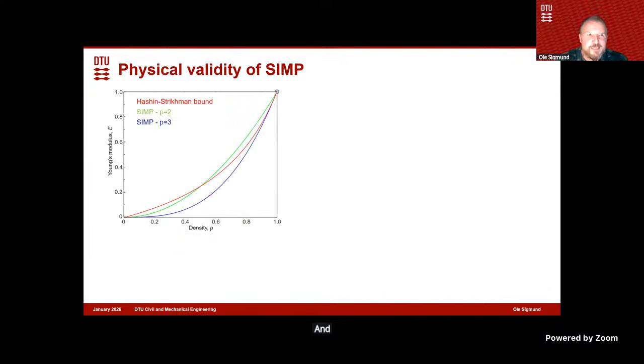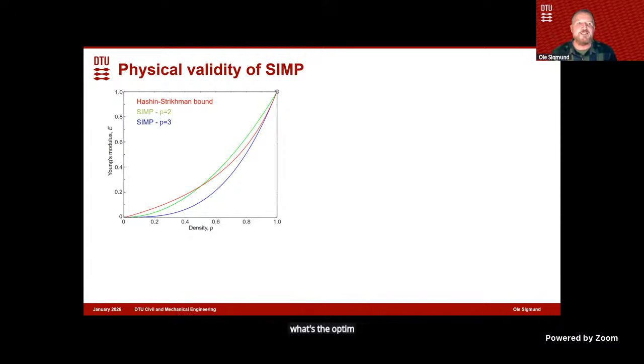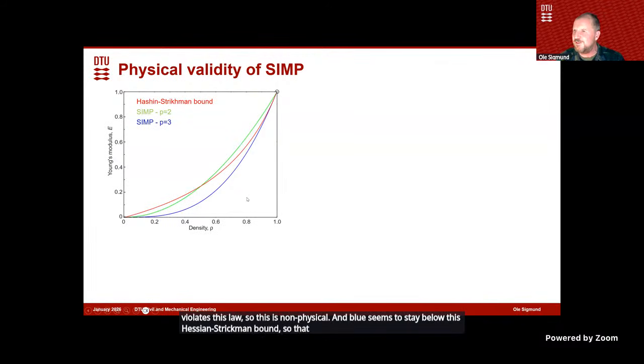And indeed, Martin and I looked into that in a later paper, and we found, so there are these Hashin-Shtrikman bounds that theoretically predict what the optimal or the highest Young's modulus is for an isotropic material as a function of the density. And that's the red line here. And we already interestingly see here the green, so P equal to 2, violates this law. So this is non-physical. And blue seems to stay below this Hashin-Shtrikman bound. So that is actually physically achievable.